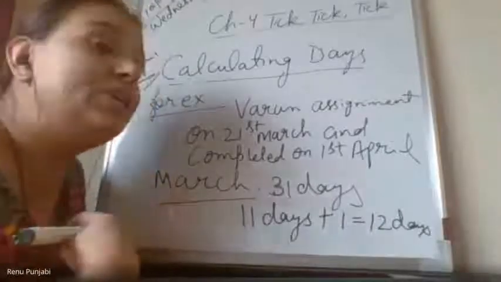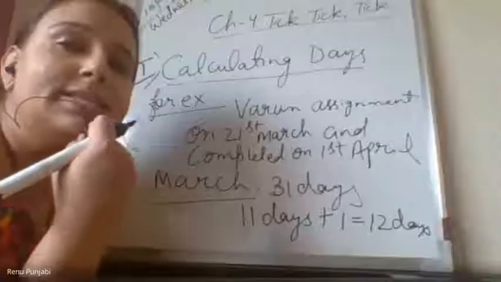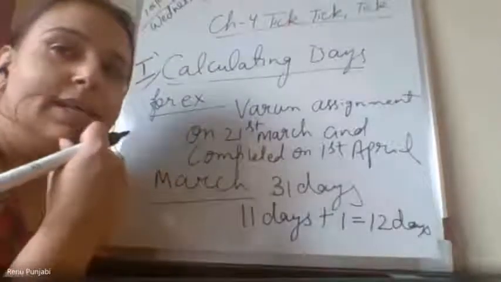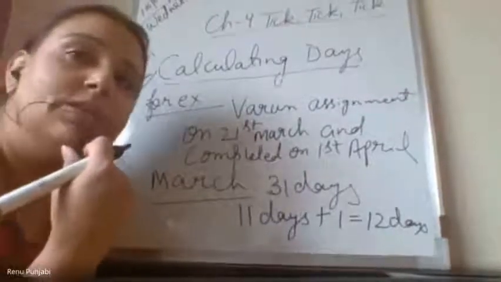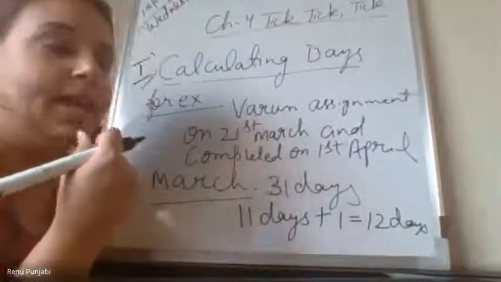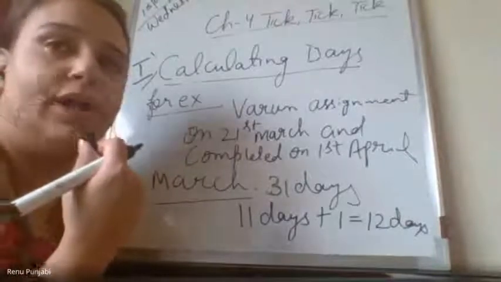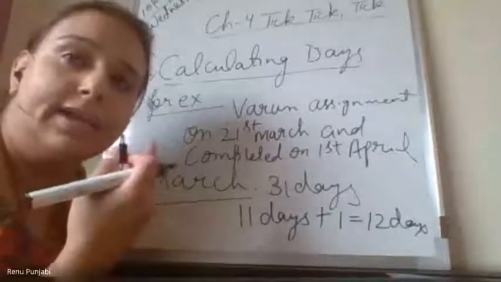Ma'am, you gave us a worksheet and you gave the hint that the 21st and 1st April will not be counted and the answer should be 10 according to that. My dear, in that worksheet it's written: count the number of between days. In between days, we will not count the end days.